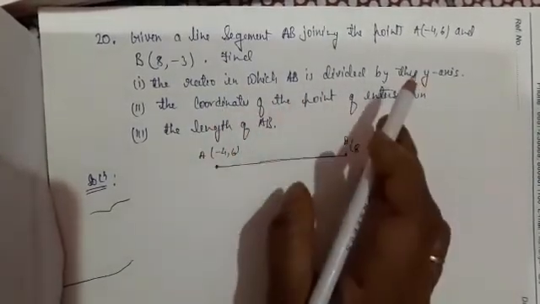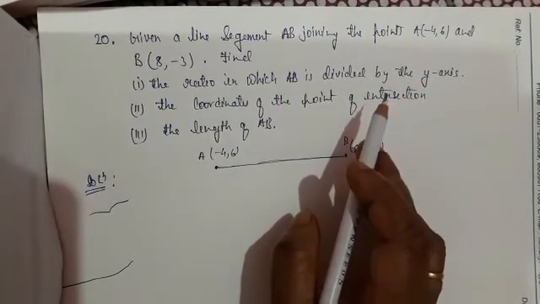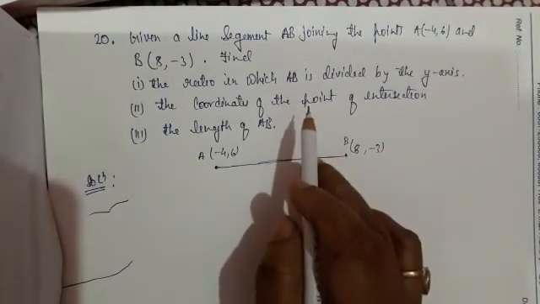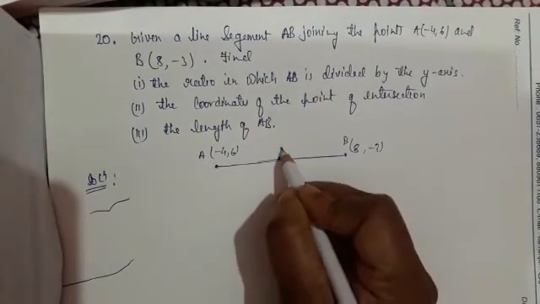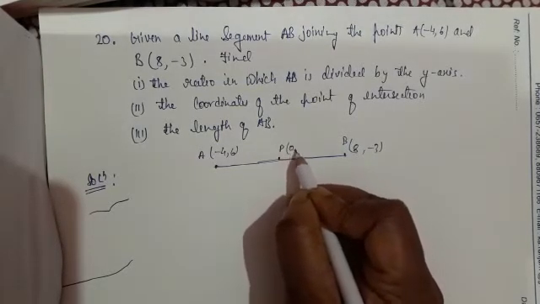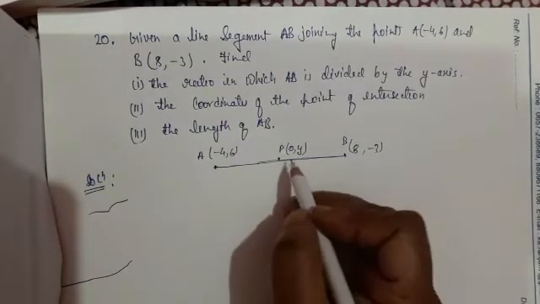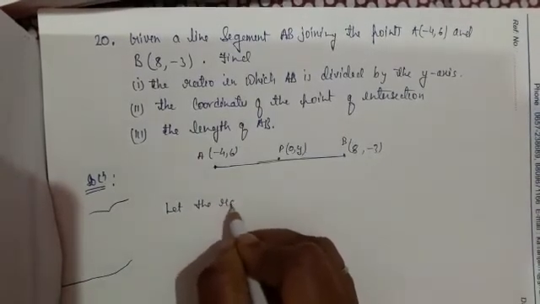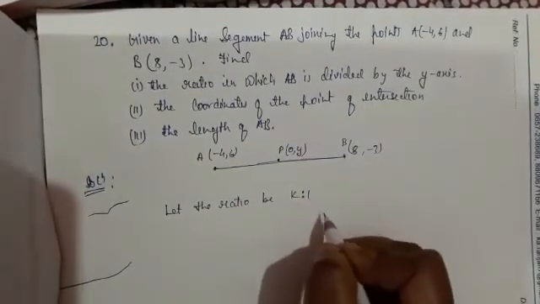Now as it is intersected by the y-axis, therefore its x coordinate will be 0. So let it intersect at P. So its x coordinate will be 0. So let the coordinate be (0, y). Okay, and let the ratio be k is to 1.